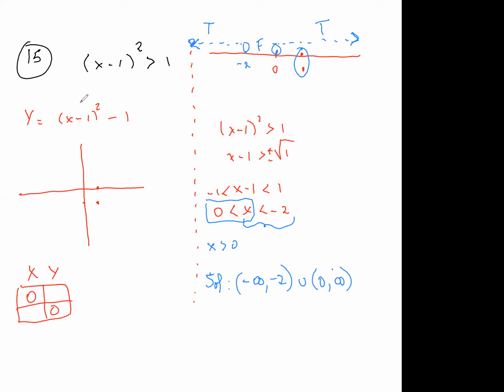When x is equal to 0, we got -1 squared, we got 0, 0, right here. When the function is equal to 0, we got 0 equals x minus 1 squared, minus 1, so 1 is equal to x minus 1 squared. We apply the square root to both sides.